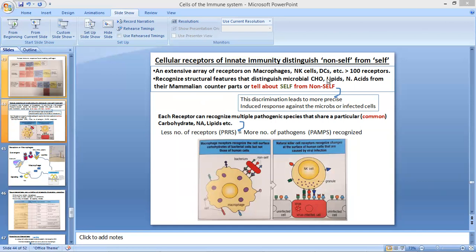If they are foreign bodies, the cells of the innate immune system are going to act against that particular foreign entity. And this discrimination leads to a more precise induced response against the microbes or infected cells.